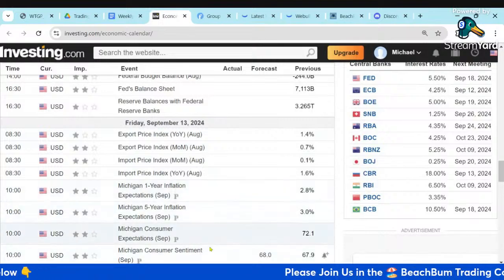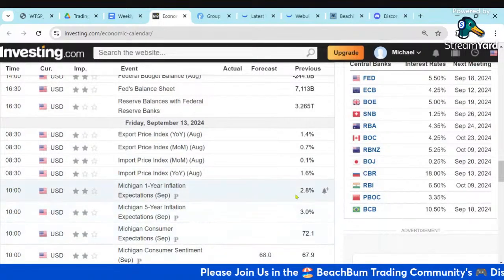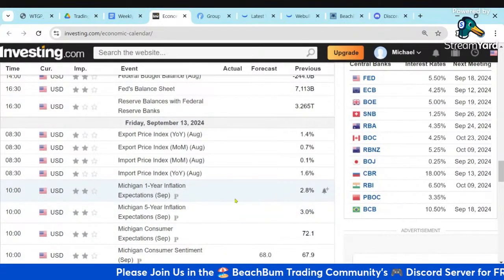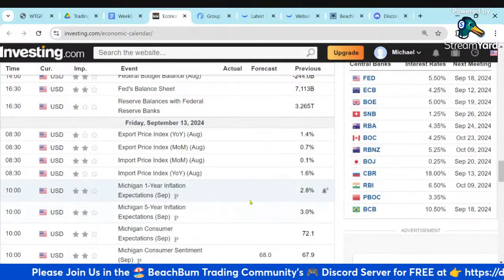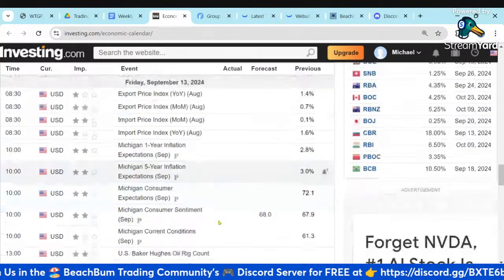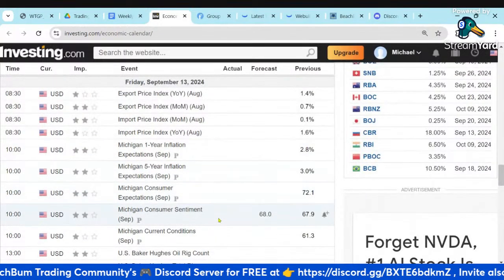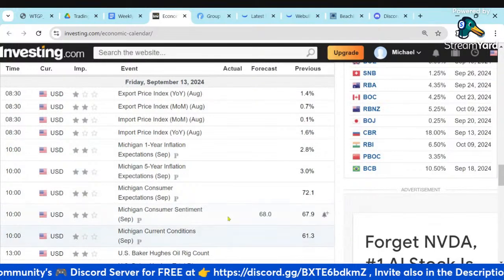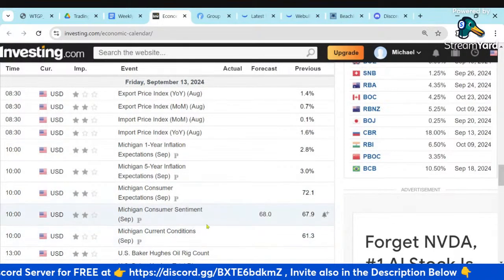Friday, we get Michigan sentiment data. We'll see the trend had been slightly down below 3%. So the Fed will probably want to see that the consumer is seeing inflation coming down, hopefully sentiment improving.